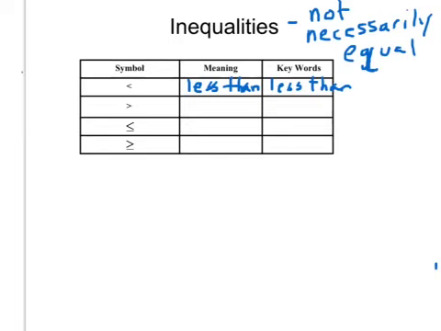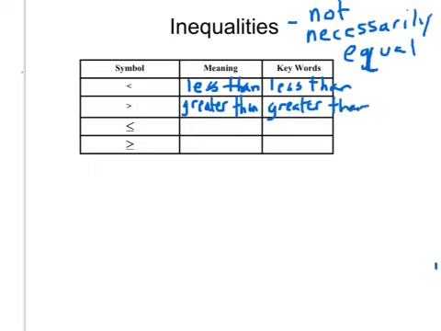The second symbol is greater than. Again, keywords, most time you're going to see greater than written.